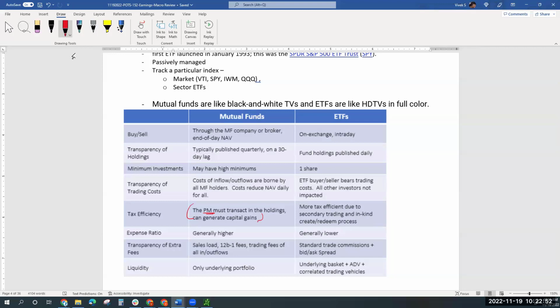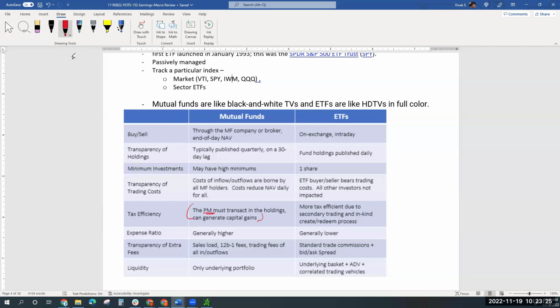Let's say there's a mutual fund that has Apple and ARKK in it, right? Now ARKK has been down 50-60% over the year, and it's got a bigger allocation, so your overall mutual fund is probably down compared to last year. But if the fund manager decides to sell Apple and take capital gains on Apple, you'll still be hit by the capital gains tax, even though your overall mutual fund is down, right?